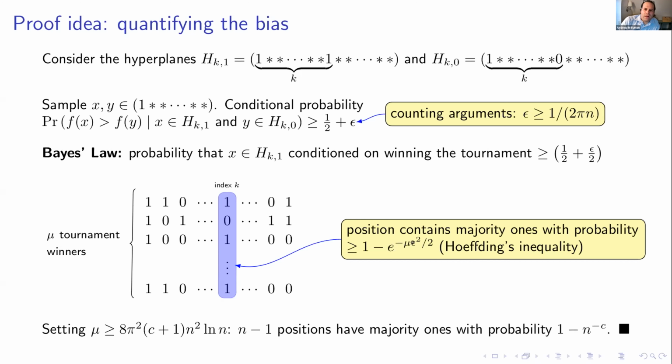So that says, well, as long as we set mu high enough, then we also can take a union bound over all n minus 1 of these, and this allows us to have this probability here. So if we set mu to this value here, then this immediately gives us this after taking a union bound over all of these n-1 positions. Okay.